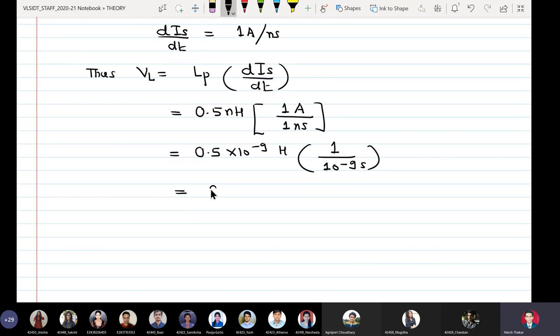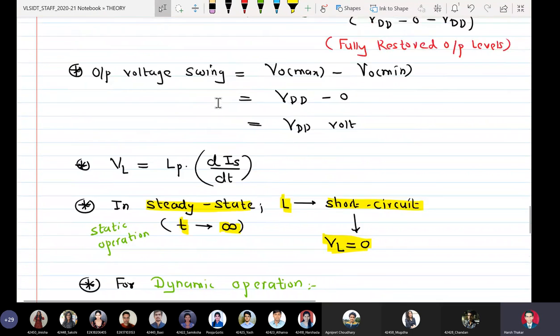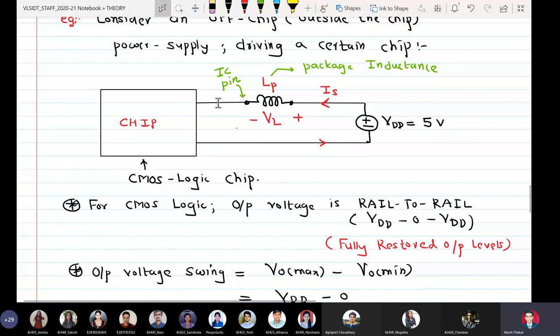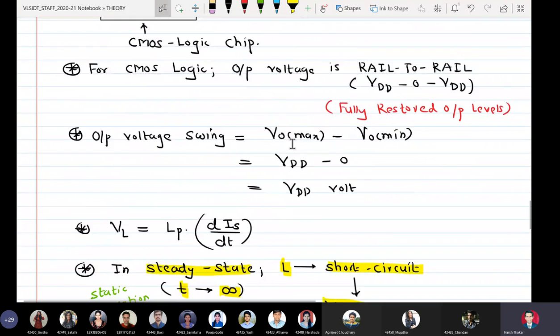Okay, which is equal to 0.5 volts. So basically this calculation tells us that we got VL as 0.5 volts for 1 gigahertz frequency.